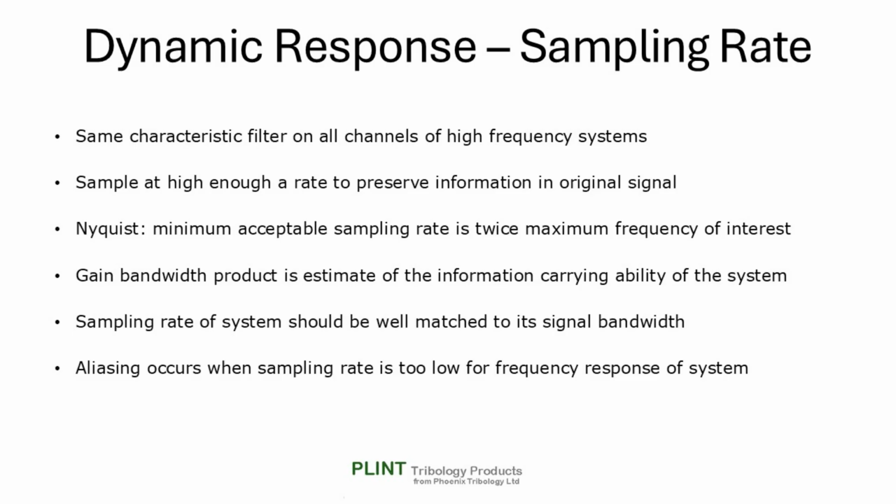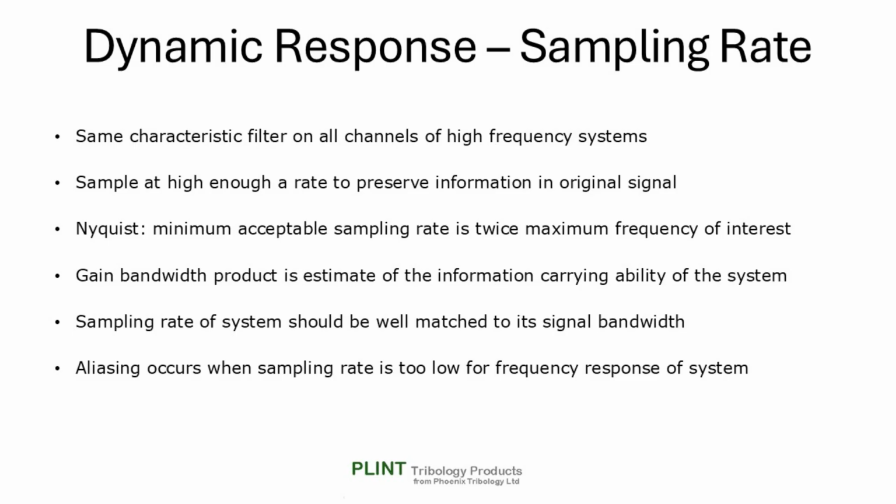The Nyquist sampling theory indicates that the minimum acceptable sampling rate is twice the maximum frequency of interest. The measured amplitudes of signals at half the sampling rate are attenuated to 64% of their true value.